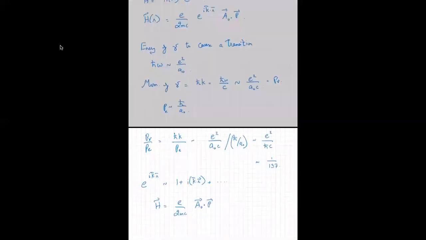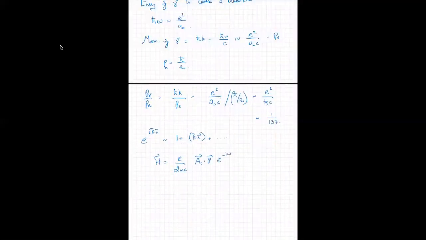So you will have e over 2mc A0 dot p, right? And times e to the minus i omega t. Okay. So this is what we get when approximating e to the i k dot r to be equal to 1.